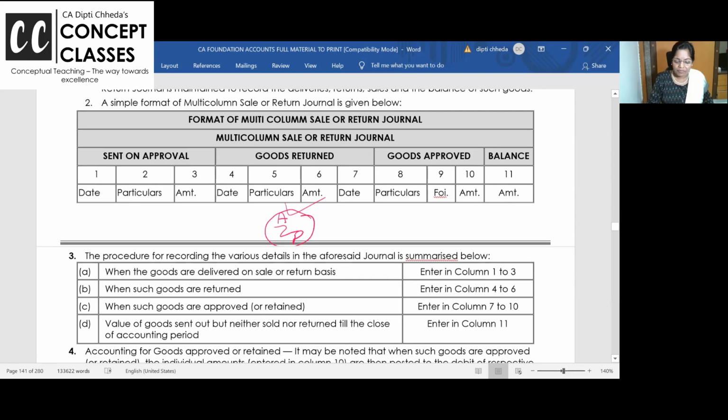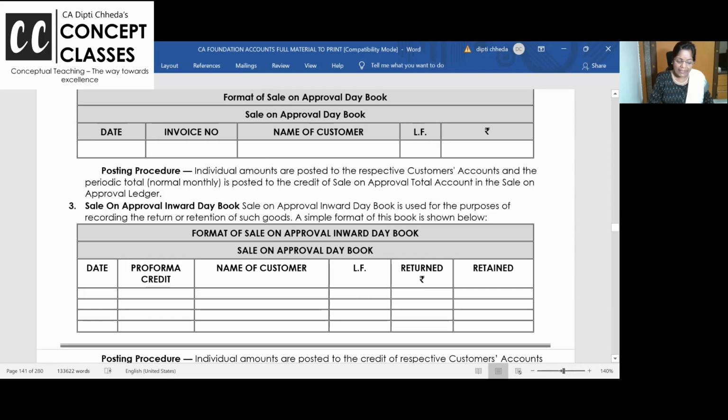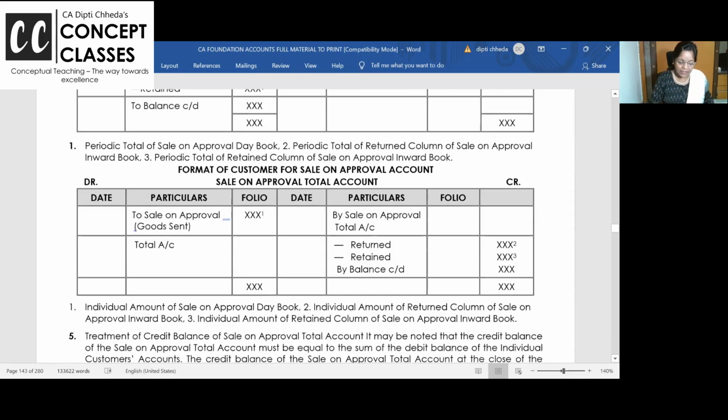This is just for your information that you can make bulk entries like this for total. Just like this, you know how you have your subsidiary books, where sales return book, purchase return book, like that you can pass the entries here also on approval basis. Okay, but anyhow, multiple level is not required.